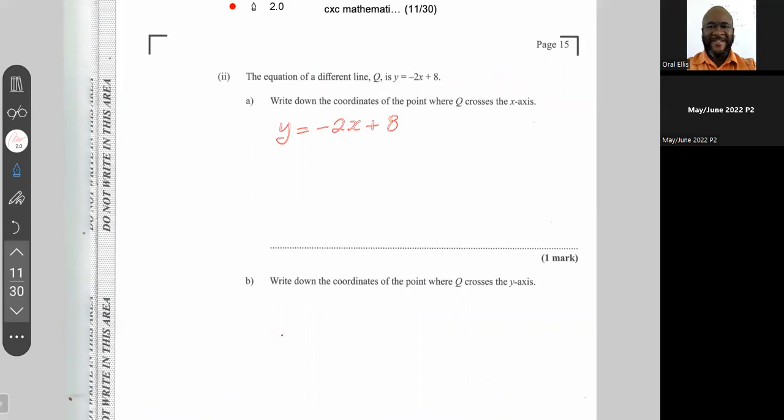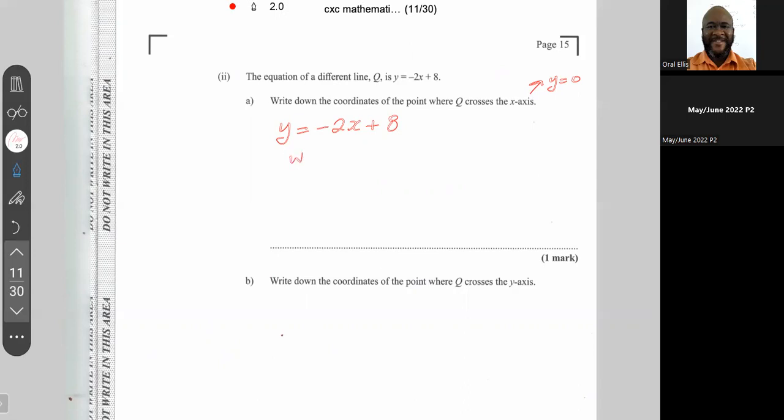Now the x-axis is the line y is equal to 0. So therefore, I already know the y coordinate of the point where Q crosses the x-axis. So the point where a line crosses the x-axis is the x-intercept. And the y coordinate of the x-intercept is always 0.